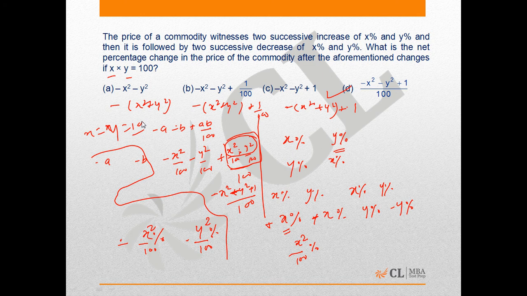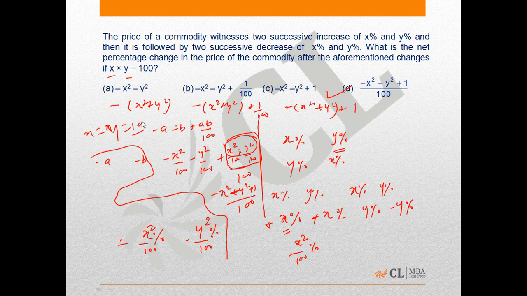So the first three options could not be practical situations. So even if we just have a look at the options and use the concept of maxima and minima, we would not need to solve this problem at all. Just by having a look at the options, we can find the answer.